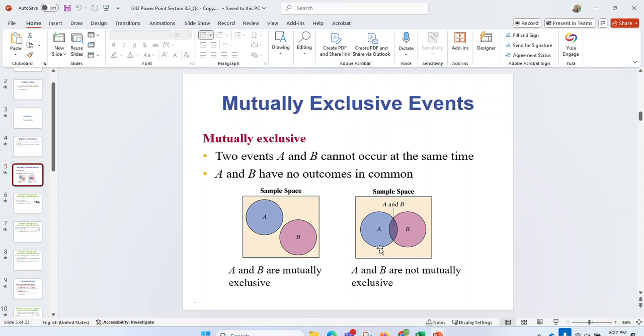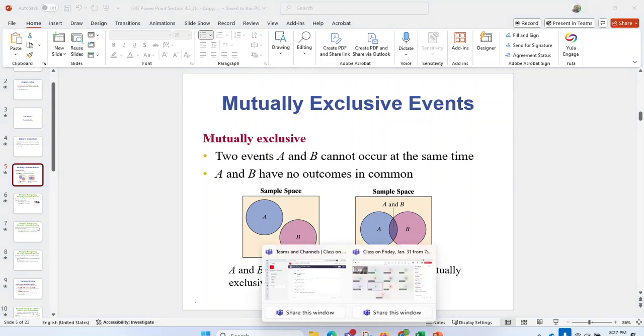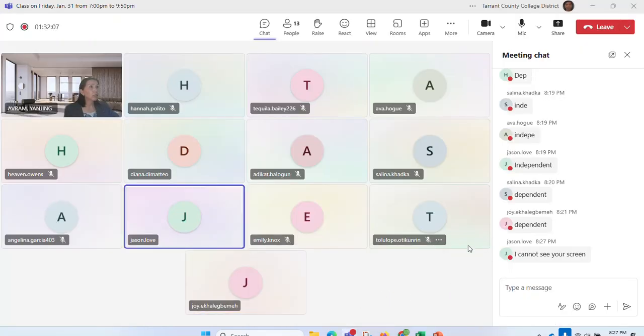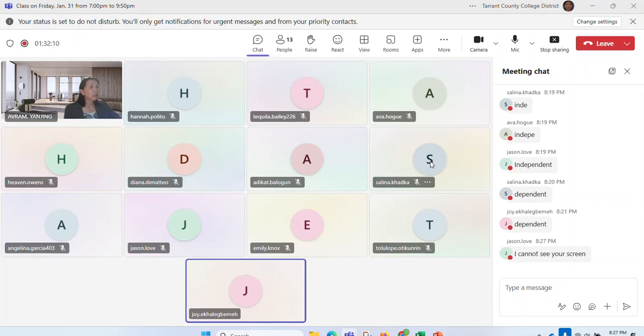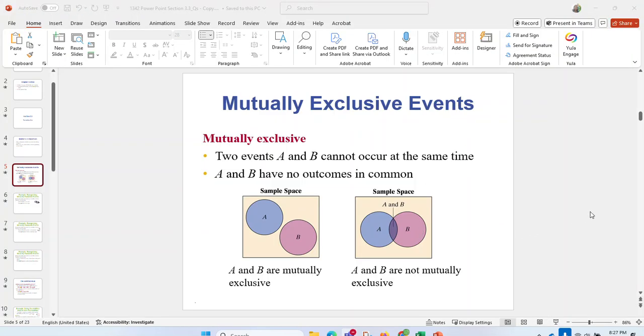We can't see your screen. Oh, you don't see my screen? For how long? For the past 2 minutes, I had to change device. Oh, okay. Can you see that now? Yes. Did you see it earlier or not?